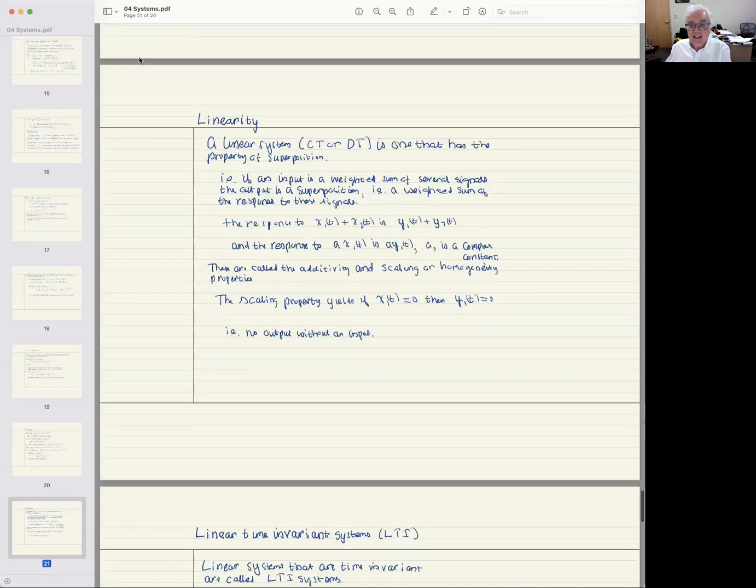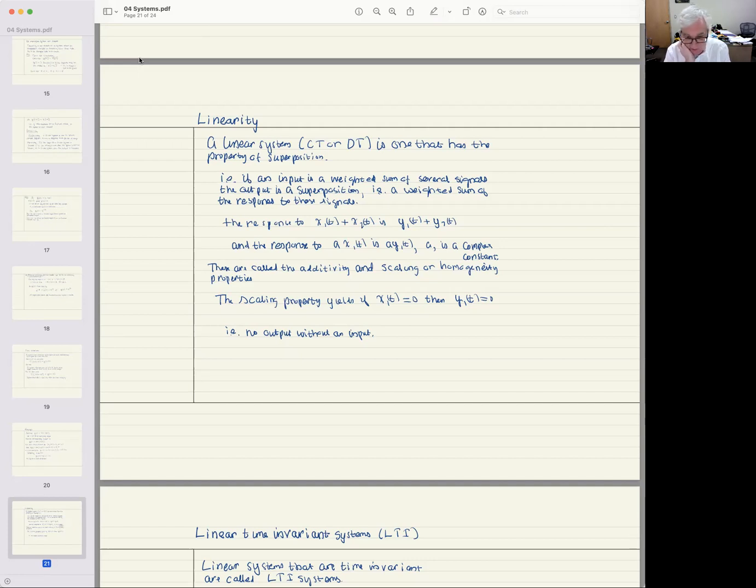Then I introduce linearity, and linear systems are ones that obey the property of superposition, which you should have met several times before. The two properties are additivity and scaling, and scaling is sometimes called homogeneity, and this is a really useful concept.